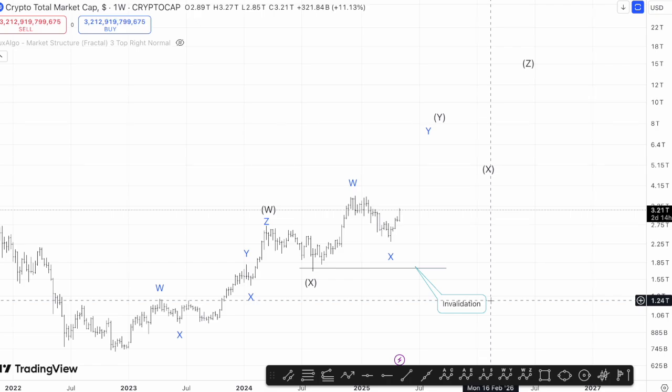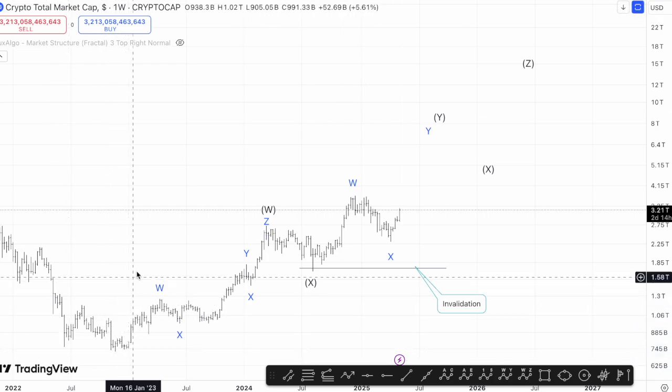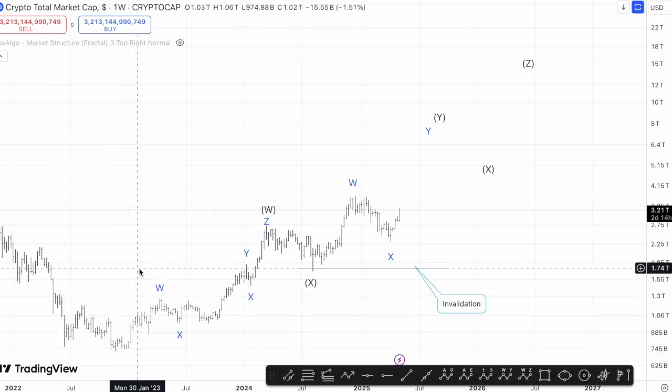Make sure to check that video, because the big picture count up to this point down here is all explained in it. I'm going to put a link in the description so you can access it easily.